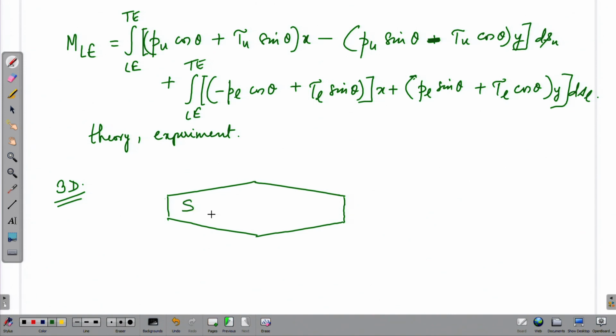What you see from top is called the planform area. And the flow comes in from upstream and meets the wing like this. If you take a cross section of this wing at some location, then what you see is an airfoil section. This is where you see the airfoil section.